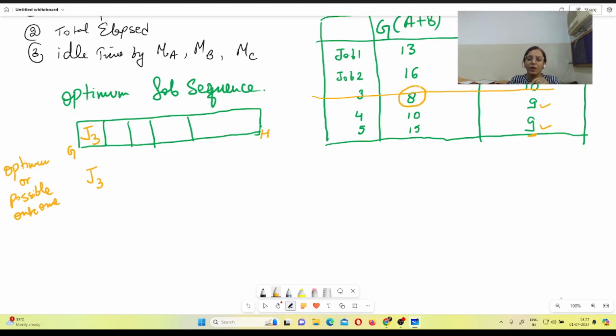For 9, if I'm taking job 4, the corresponding time is 10, a very small amount. So we try to find the one having the least corresponding time compared to the others. But we can use it the other way also, ma'am. In the other session, we have taken up the maximum value. Yes, there can be a possible outcome in that way also. So it's up to you. The answer will be the same for all the scenarios.